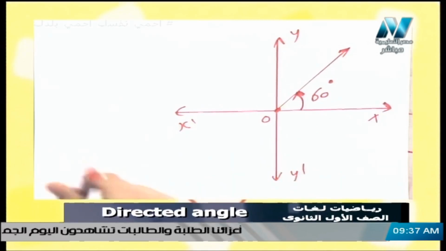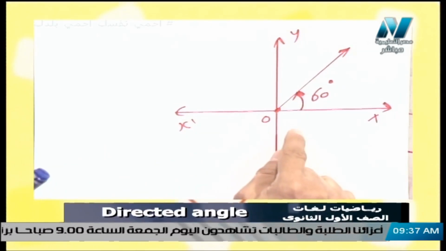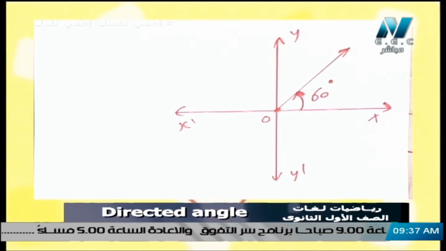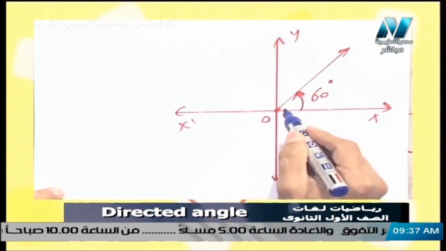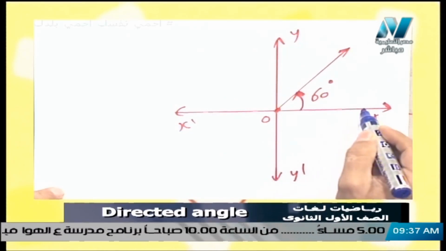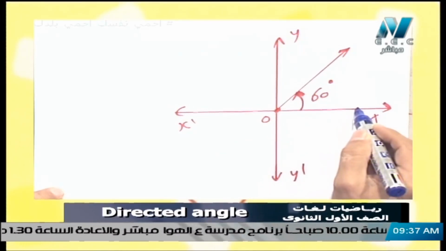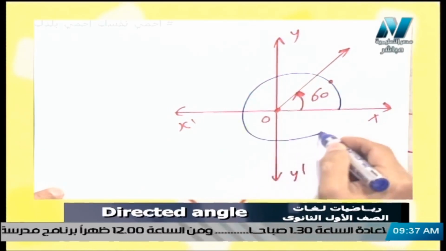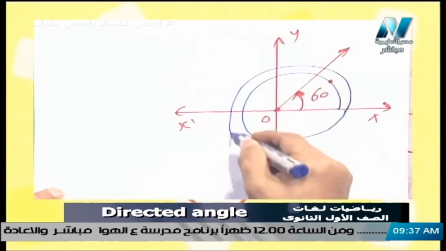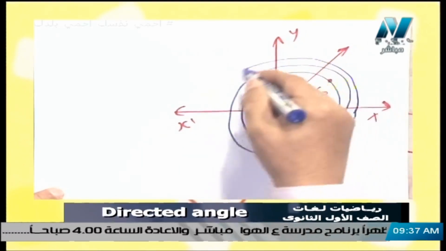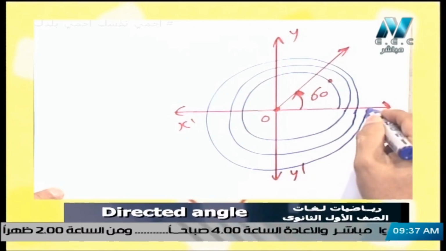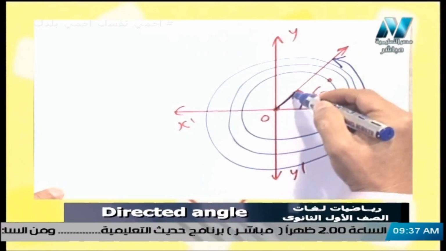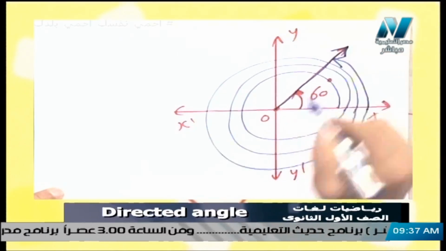We talk about the equivalent angles to this angle: if we have the same initial side and we move one, two, three or more rounds, we return to the same terminal side.